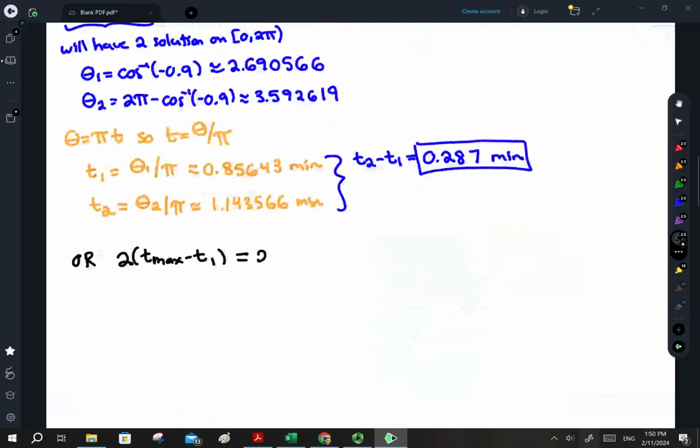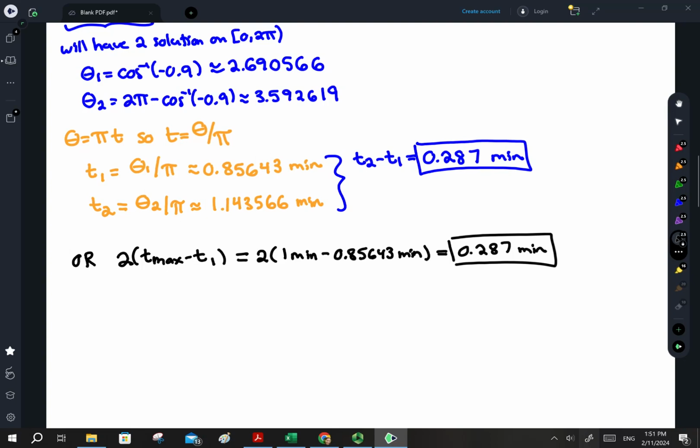We know that the maximum occurs at 1 minute because we made our graph and we could see that. And our first time was 0.85643 minutes. And so if we do the subtraction and then double the result, we do in fact get the same answer, 0.287 minutes.